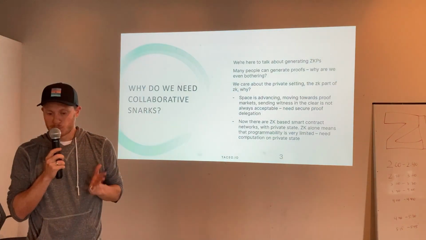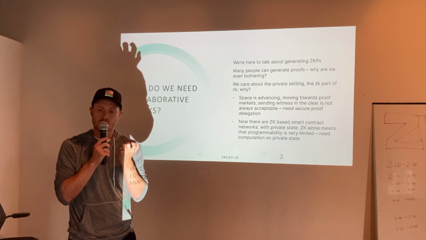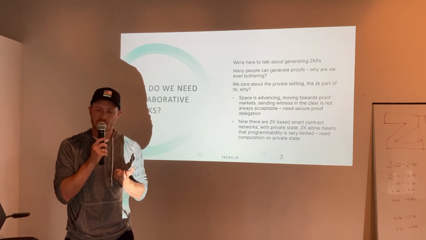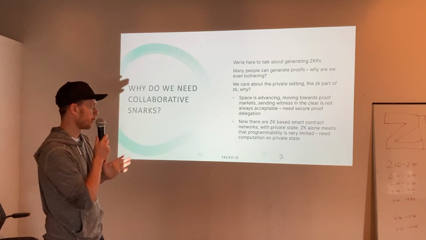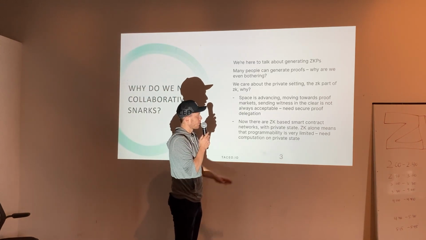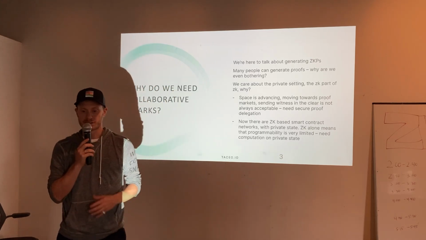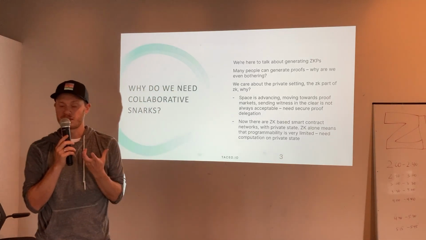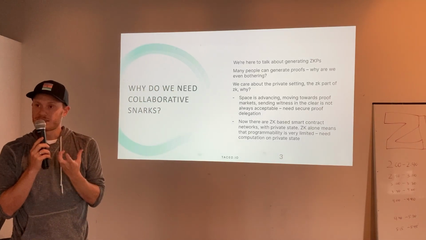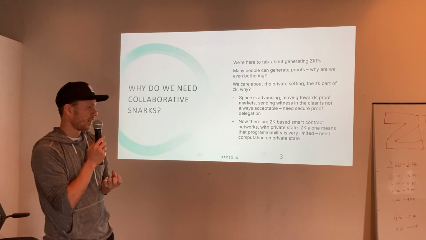To put this a bit more concretely, these are the problems collaborative SNARKs can solve today. The first is a very immediate problem that we're seeing now, a lot of client-side ZK applications that care about privacy, or where the data, the witness used in these use cases, is inherently sensitive.